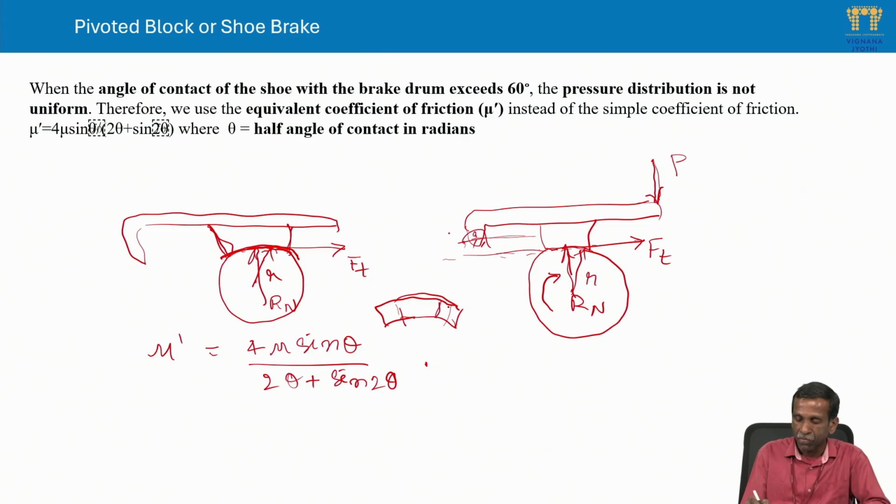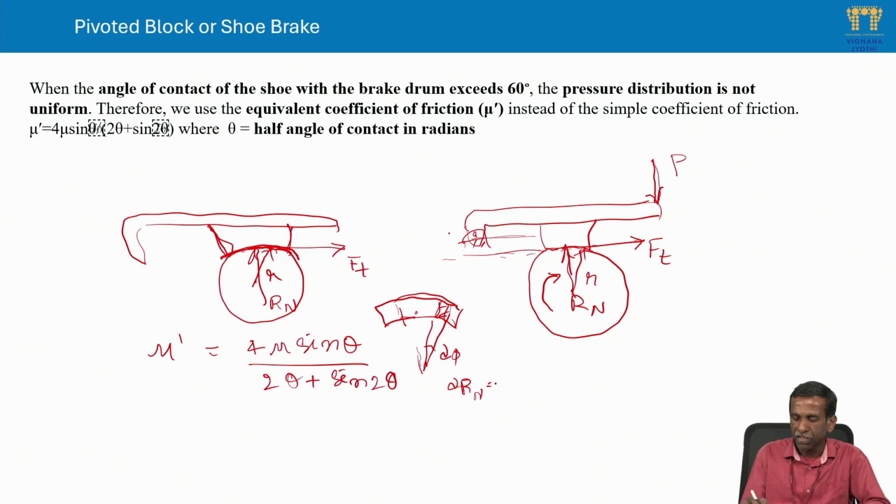Then if you take a small elemental length of the block, this makes an angle dφ with the center of the drum. Then you want the normal direction component of the force, let us say the normal force dRn.